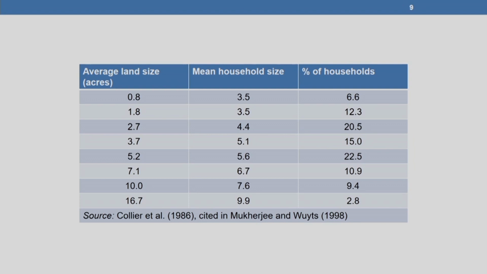The authors of this paper are basically trying to say that land size is largely determined by household size, and that Tanzania is a land abundant country, and the amount of land that households possess is largely determined by household size rather than by the presence of various other variables. So, this table is listed as evidence for the hypothesis that land size is determined mainly by household size.